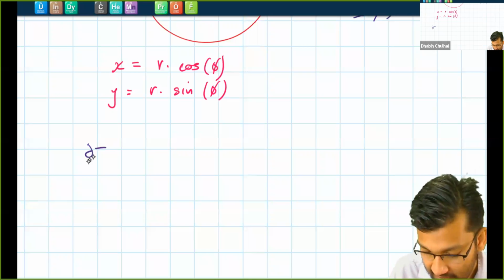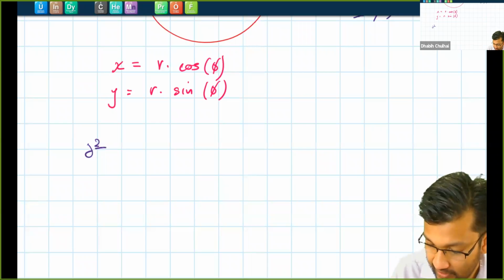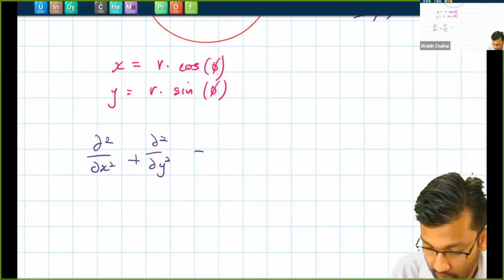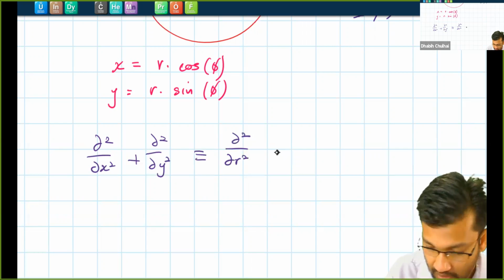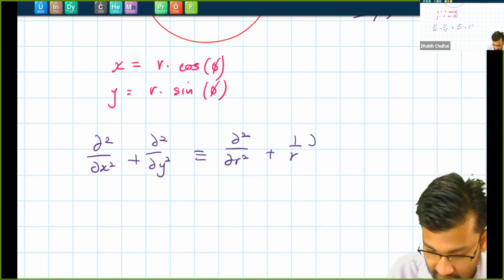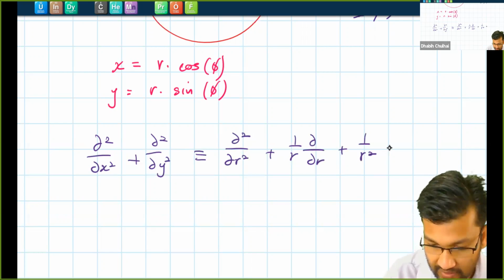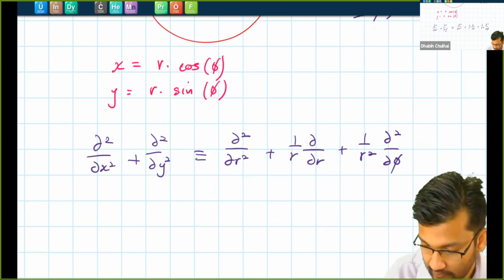So this differential here, plus d squared dy squared. In polar coordinates, this becomes d squared dr squared plus 1 over r d dr, not d squared dr, but d dr, plus 1 over r squared d squared d phi squared.